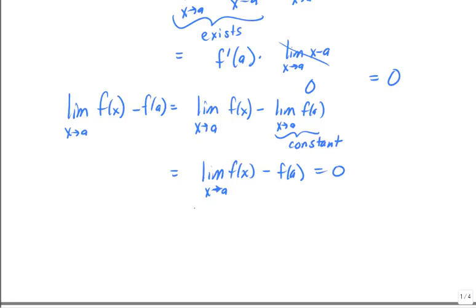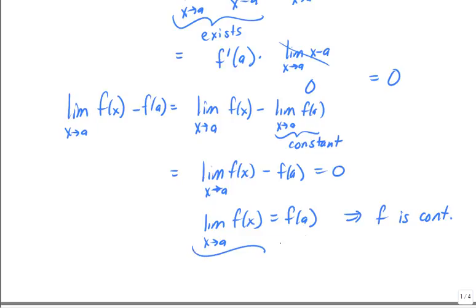And that's 0, so that says that the limit as x approaches a of f of x equals f of a. So f is continuous. That's the definition of continuous right here. So you need to make sure you understand these theorems and these definitions.